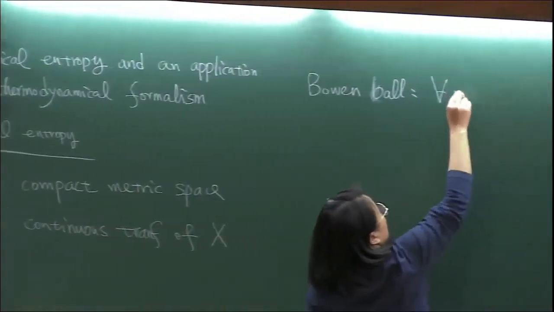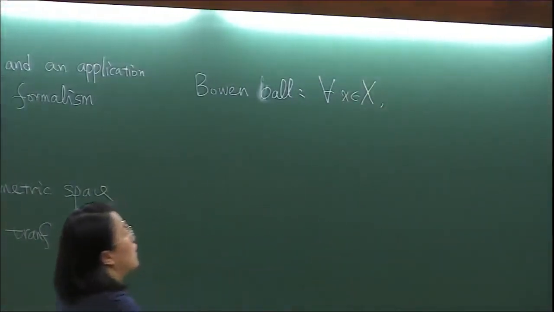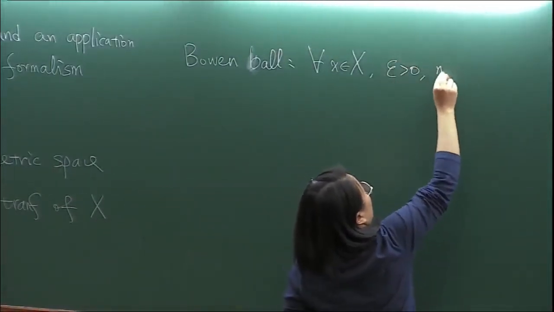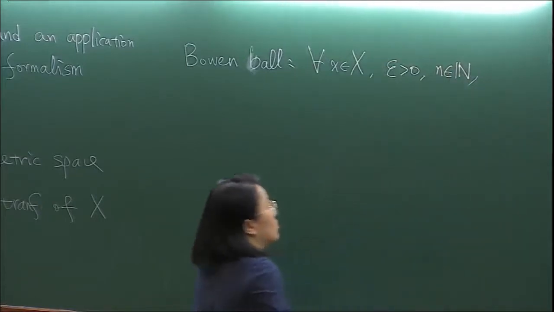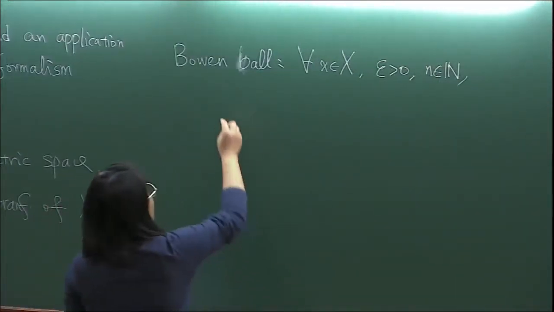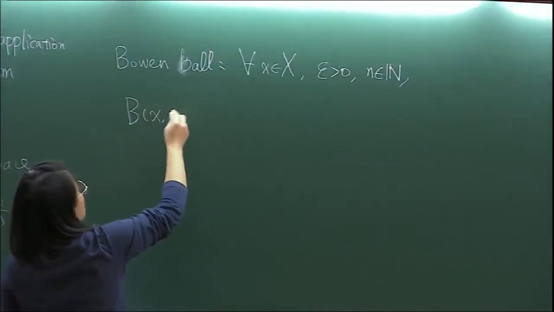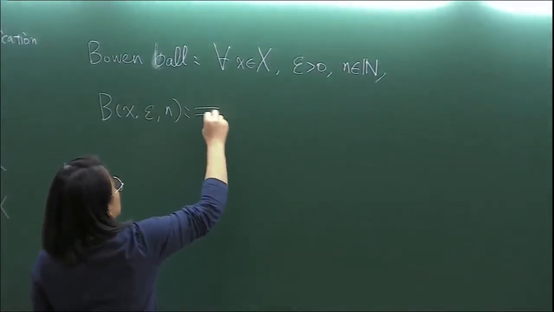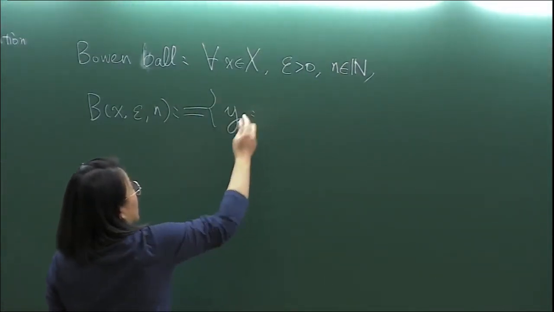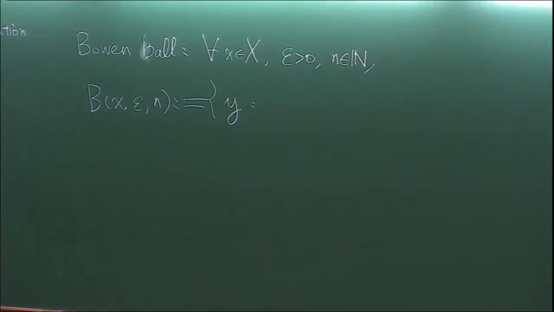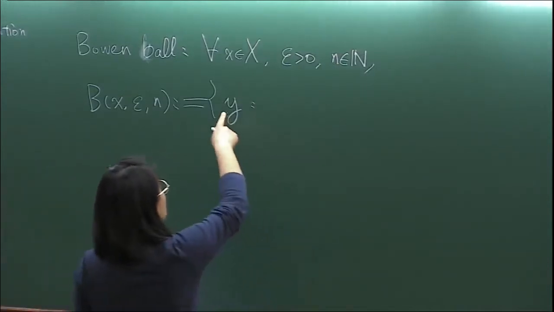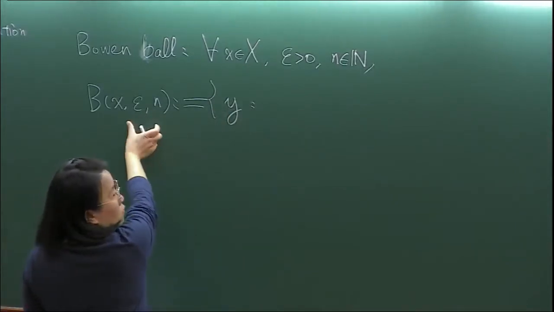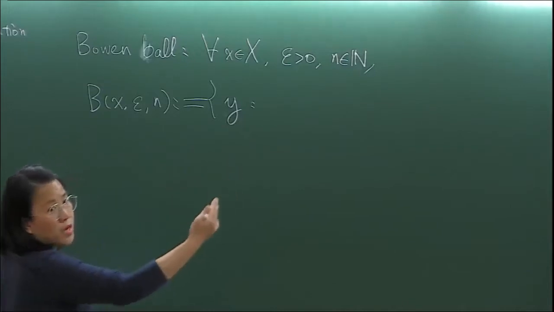For any x in X, and epsilon bigger than 0, n in N, then you have this notation, B_n(x, epsilon), is the collection of points y so that the iteration of y under T will stay within epsilon of the orbit of x up to time n.